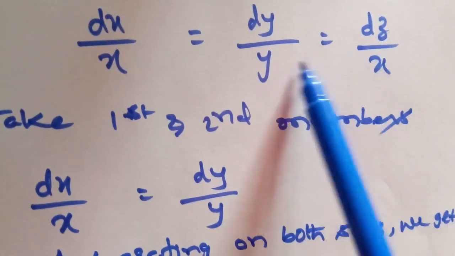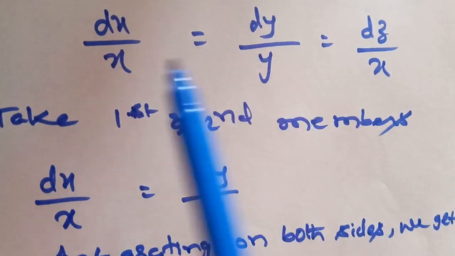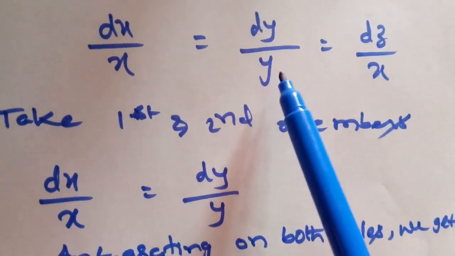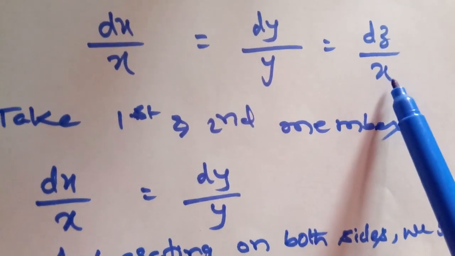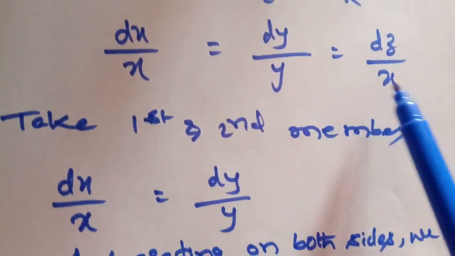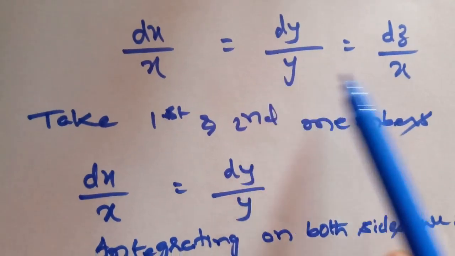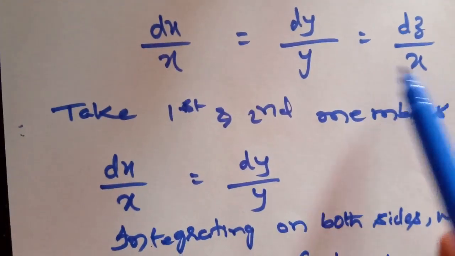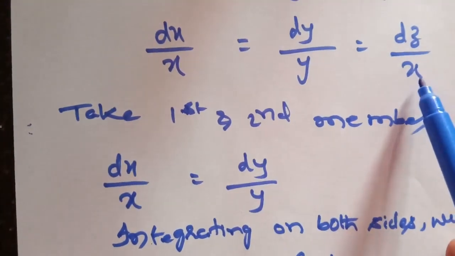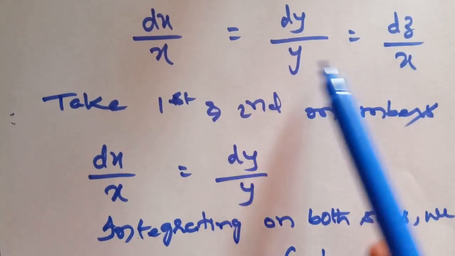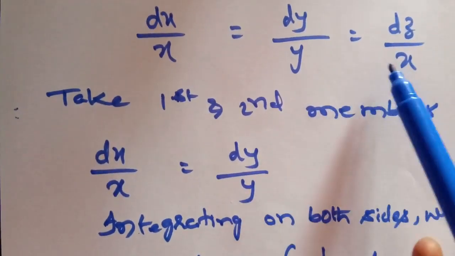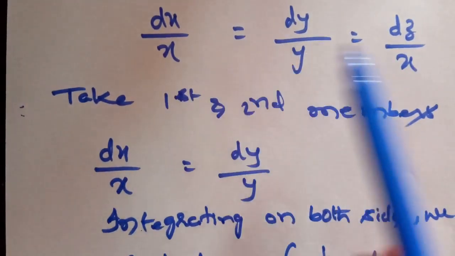Either second and third or first and third. If you consider second and third, we have to eliminate x other than y, z. Here there is no possibility to eliminate x. If you consider second and third member, it is not possible to find the solution by direct integration. So we can go for another option.